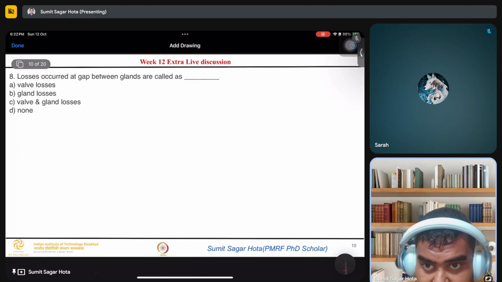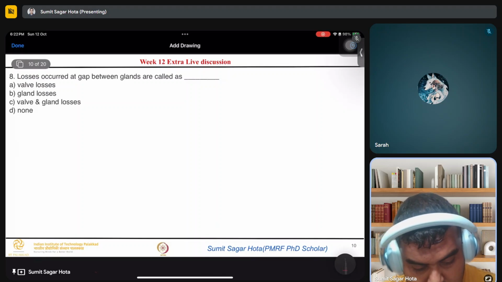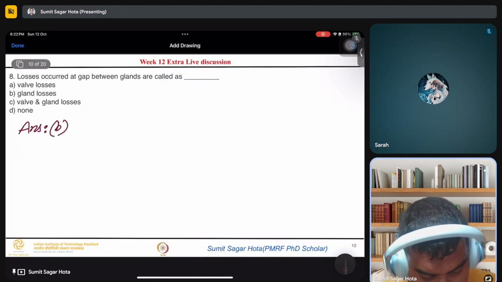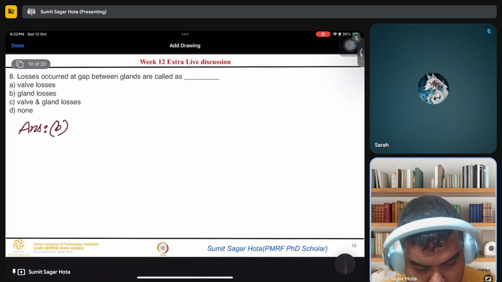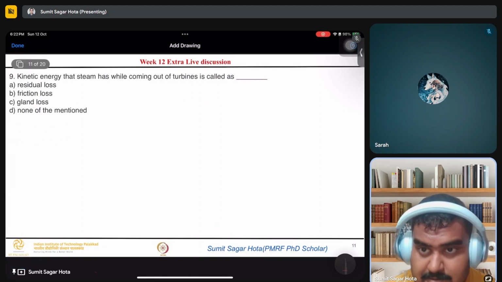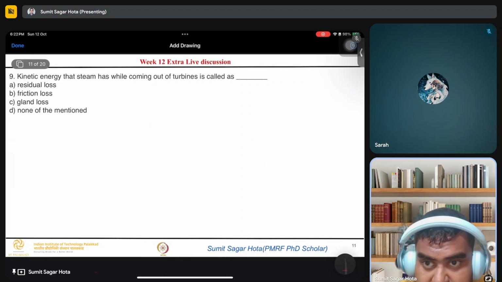The losses occurred at the gap between the glands are obviously called the gland losses. The kinetic energy that steam has while coming out of the turbine is called as dash.